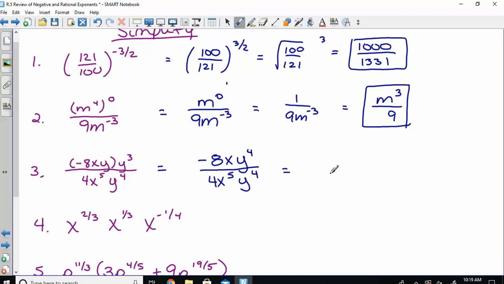And so now we simplify. Negative 8 divided by 4. Do you have more x's on top or bottom? So if you subtract, 5 minus 1 is x to the 4th. I have y to the 4th on top and bottom, so what happens to those? So my answer is just negative 2 over x to the 4th.